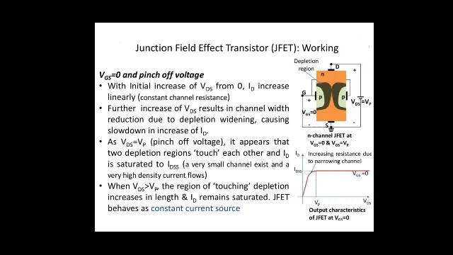Whenever pinch off occurs due to the gate-source voltage, it results in zero ID current. The current from drain to source will be zero if the pinch off occurs due to the voltage applied at the gate terminal.